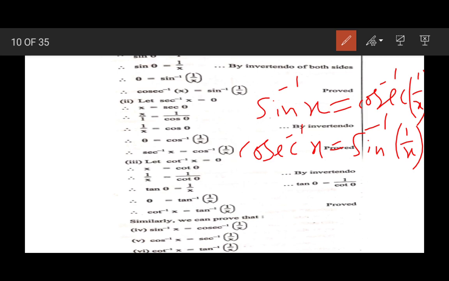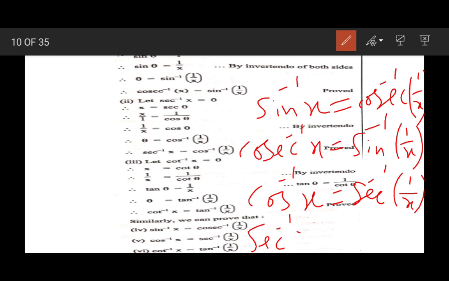And this is also true for cos inverse x, which is equal to sec inverse 1 upon x.